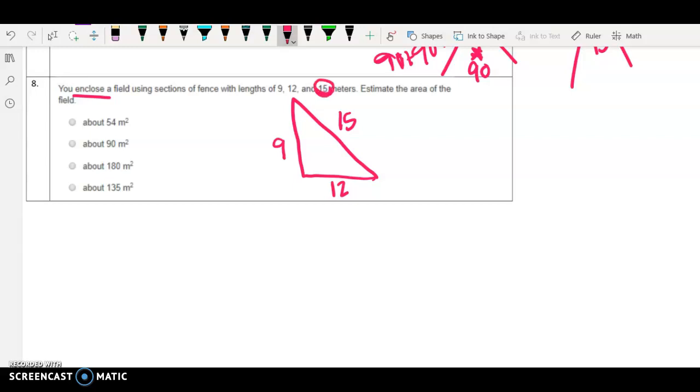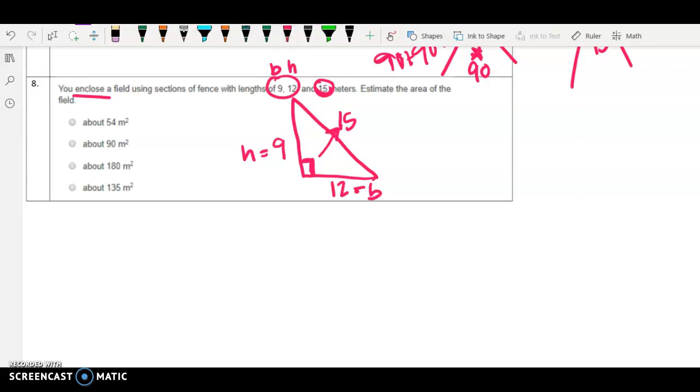Also, the bigger side is always across from your right angle. So we know that it's a right triangle. And so this bigger side is always across from it, which means that this is my base and this is my height. So your first two numbers are going to be your base and your height.